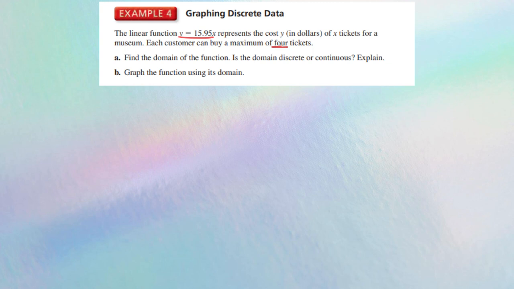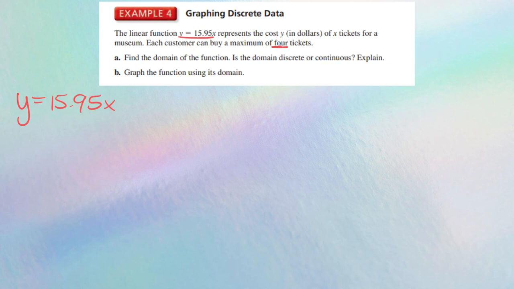What do you guys think the domain is here? 4 is one of them. Can we split tickets? When you go and buy tickets for entrance to something, do you say, okay, I just need half a ticket? You have to buy the whole ticket or not buy it at all, right? So here y equals 15.95x.